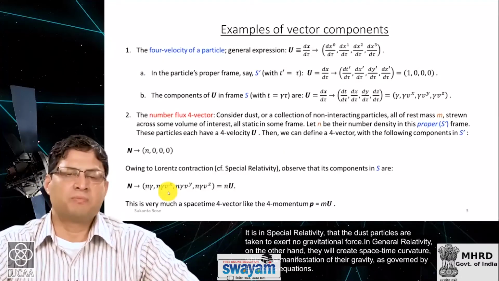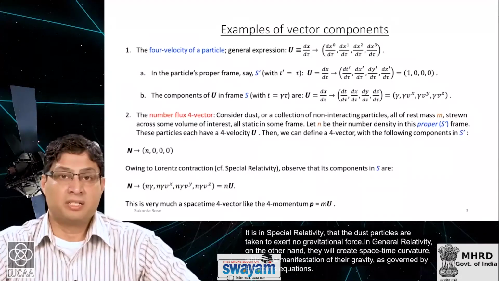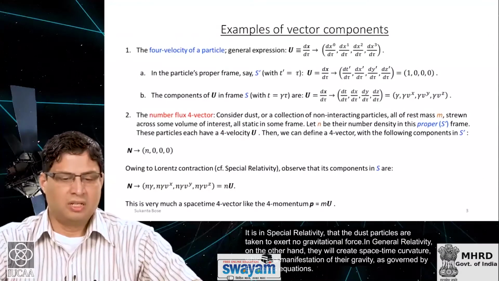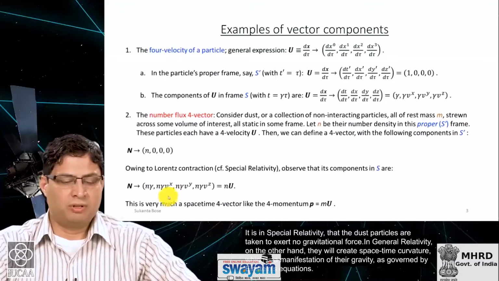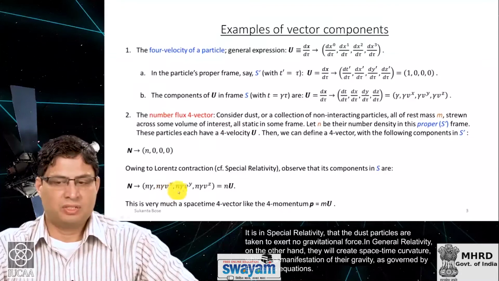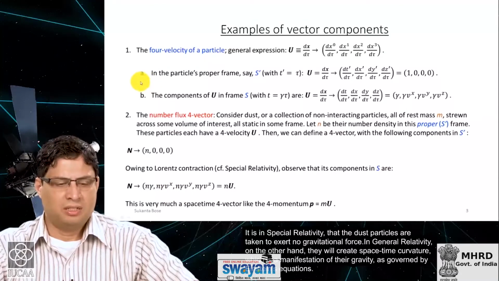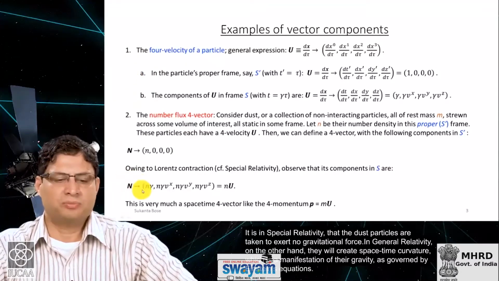But suppose we deal with a general case where these particles are moving in some arbitrary direction with certain non-zero components along x, y, and z coordinates, right. And if the ordinary velocity components are Vx, Vy, Vz, like we discussed for this single particle case earlier, then the number flux vector will have all of these components non-zero.